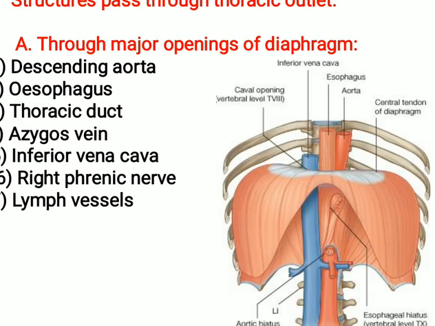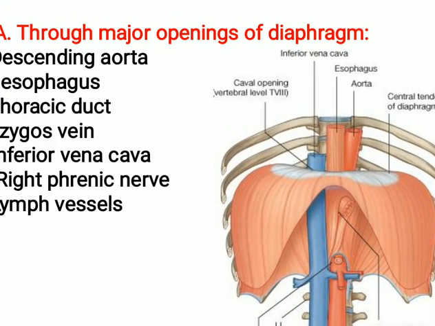So now when we go through the structures that are passing through the thoracic outlet, we have those that are going through the major openings of the diaphragm and those that are going through the minor openings of the diaphragm. They are clearly visible. We have the descending aorta, the esophagus, the thoracic duct, the azygos vein, inferior vena cava, right phrenic nerve, and the lymph vessels.